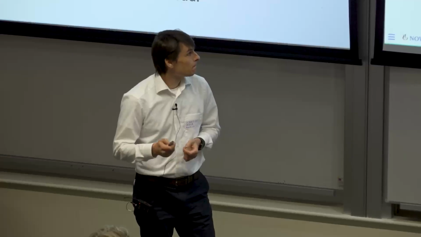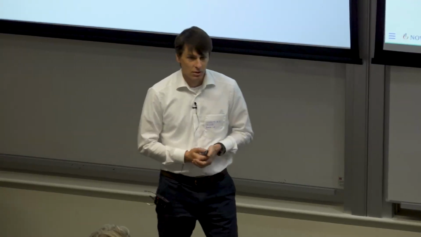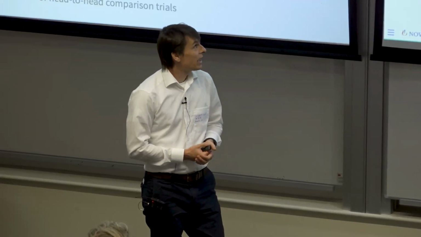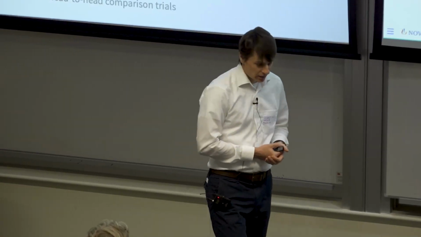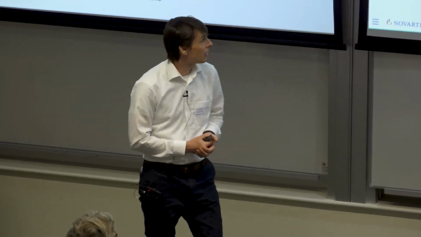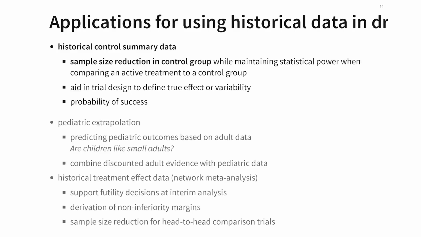Okay, the use of historical control data. Applications of using historical control data in drug development, there are many. As you can see, I list some I've worked on. So first of all, we are talking here about the use of historical control summary data, not IPD data. So summaries of like how many responders you had or things like that, summaries.